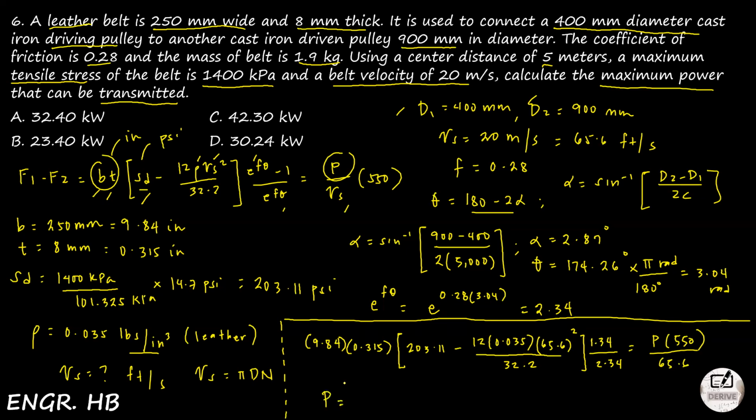So, ang haba ng solution, no? Tapos kilowatts pala yung nasa units. So, kung ang final solution mo is mali, tapos ko-convert mo pa, then mali na rin. So, be careful talaga. So, that will equal to 9.84 times 0.315 times 203.11.